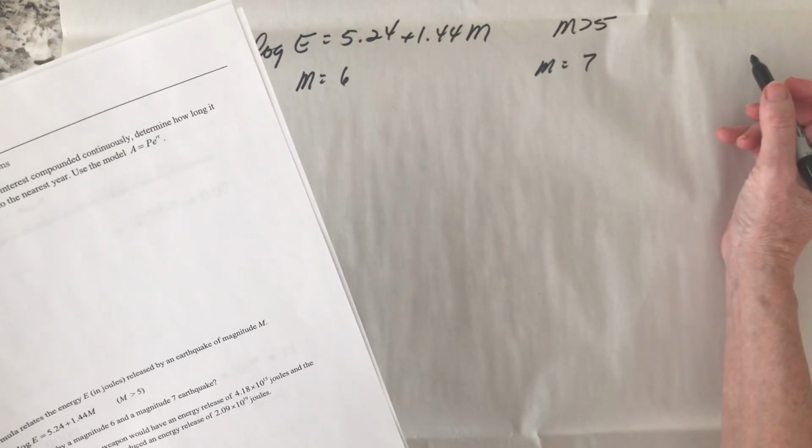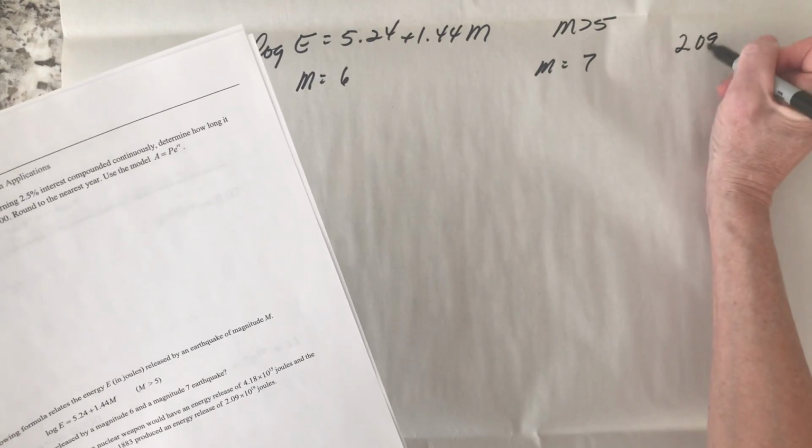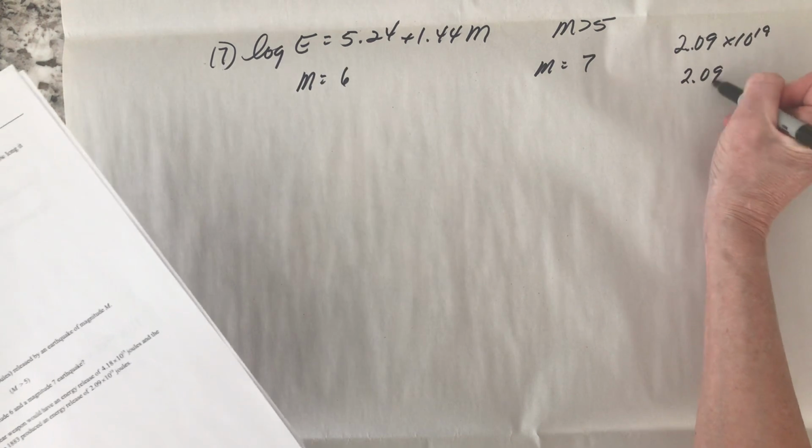As a comparison, a 1 megaton nuclear weapon would have an energy release of 4.18 times 10 to the 15th joules, and the eruption of the volcano Krakatoa in 1883 produced an energy release of 2.09 times 10 to the 19th joules. I want to talk a teeny bit about what that times 10 to the means. Let's take the Krakatoa explosion, 2.09 times 10 to the 19th joules.